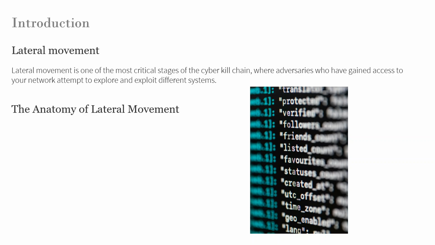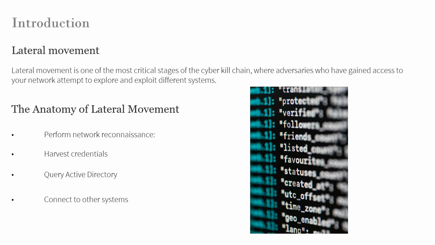After an adversary successfully installs malicious software or exploits a vulnerability, they typically enter the lateral movement phase, where they attempt to perform network reconnaissance, discovering network topology, servers, and identifying high value targets; harvest credentials, extracting password hashes, often looking for domain admin credentials; query Active Directory, running commands to find privileged accounts and key domain controllers; connect to other systems using SSH, RDP, or SMB shares for unauthorized access; and deploy ransomware.